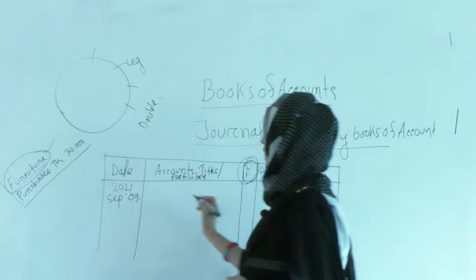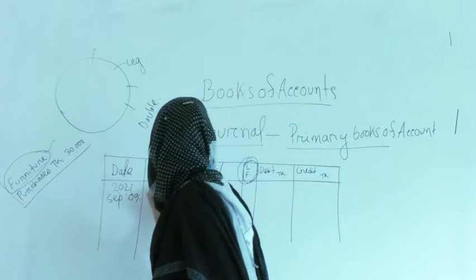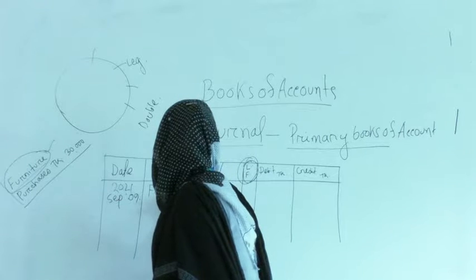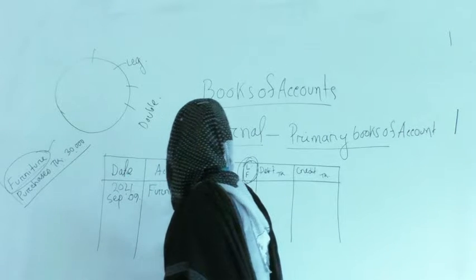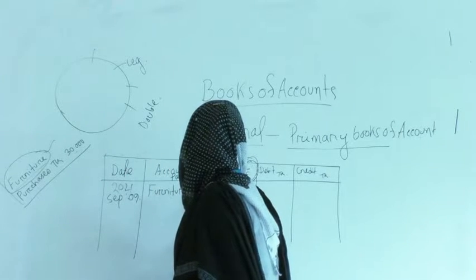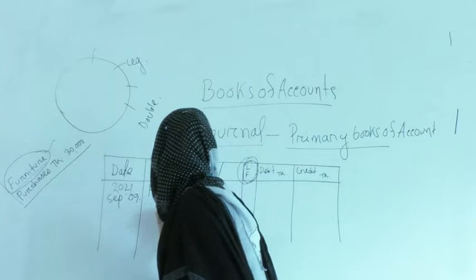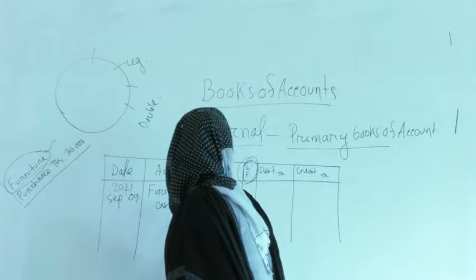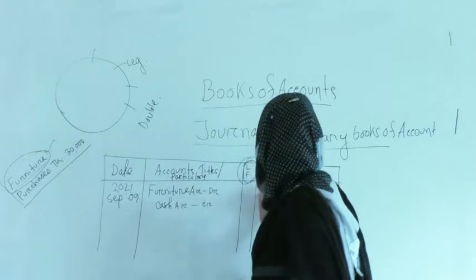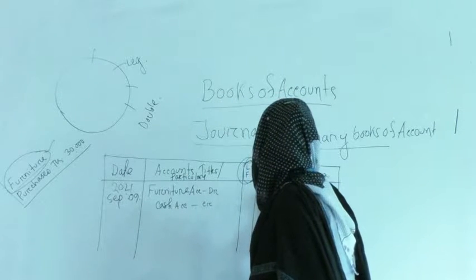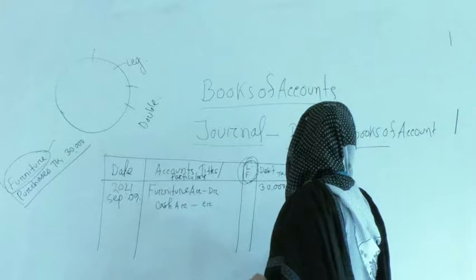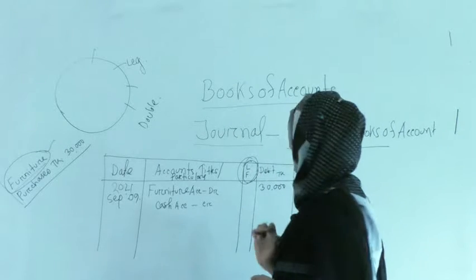So, you have to write here furniture account debit and cash account credit. What is the amount here? 30,000 and again credit side 30,000.